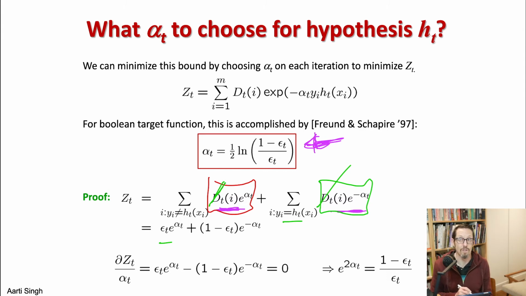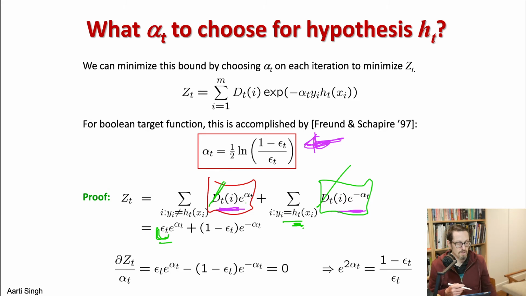So the whole thing, the summation is counting up over the number of errors. So we get the number of errors here, right, times the e to the alpha t. And then everything over here on the not misclassified side is going to be 1 minus the error rate times e to the minus alpha t.